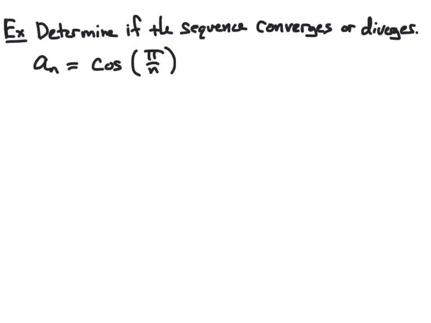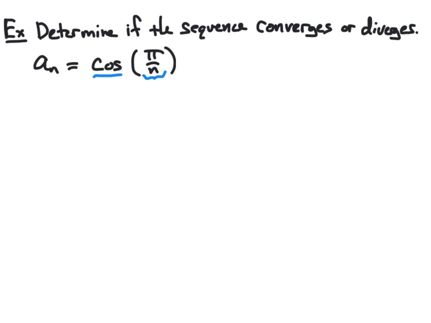In this example, we want to determine if the sequence, whose general term is given by cosine of pi over n, converges or diverges. We notice that in this example, we have a simpler sequence, pi over n, sitting inside of a function cosine, which is continuous at all values.